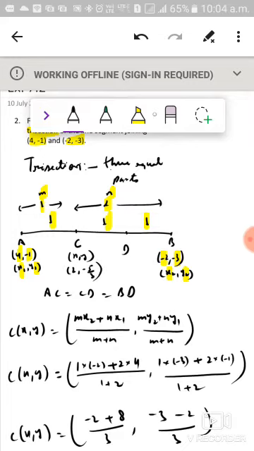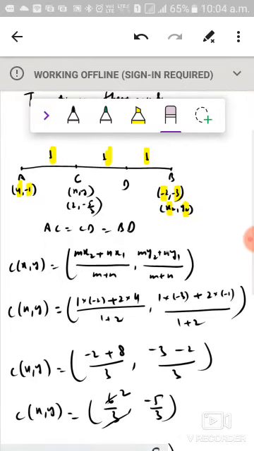Now we have to solve for D. So I'm going to rub this, and this also. Now, to find the coordinates of D, let us say the coordinates of D are x comma y. Now you see very carefully what is here.